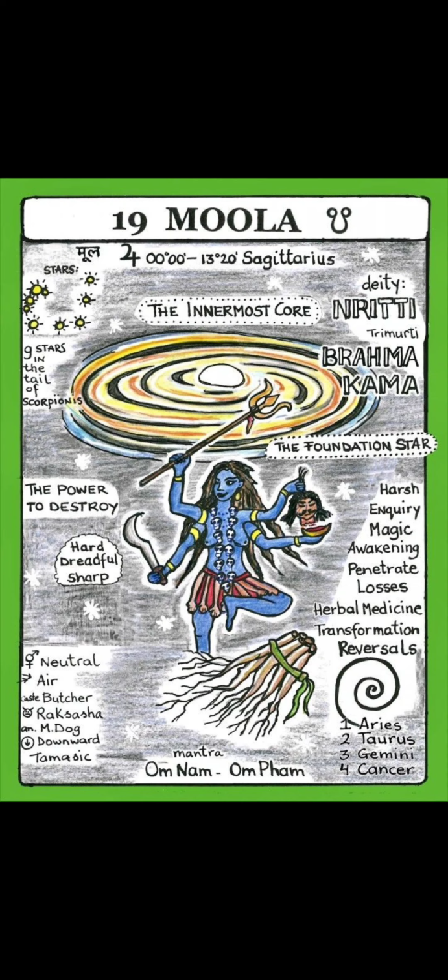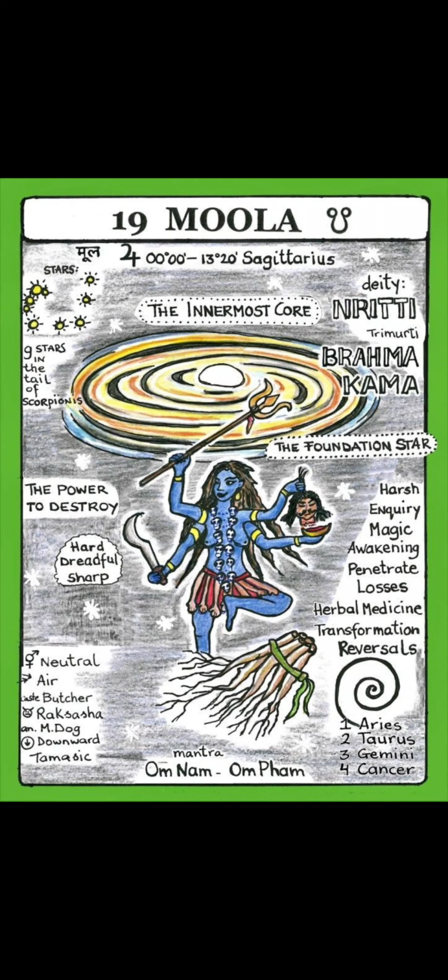We see here the deity that rules over this nakshatra is Niditi, and that's also known as the goddess Kali. So she is the goddess of destruction, but in order to transform, it has to be destroyed first.